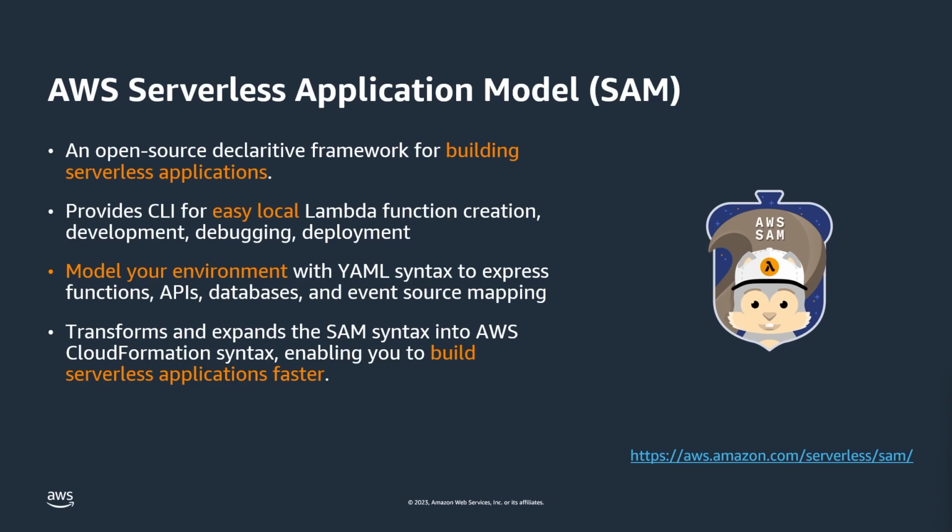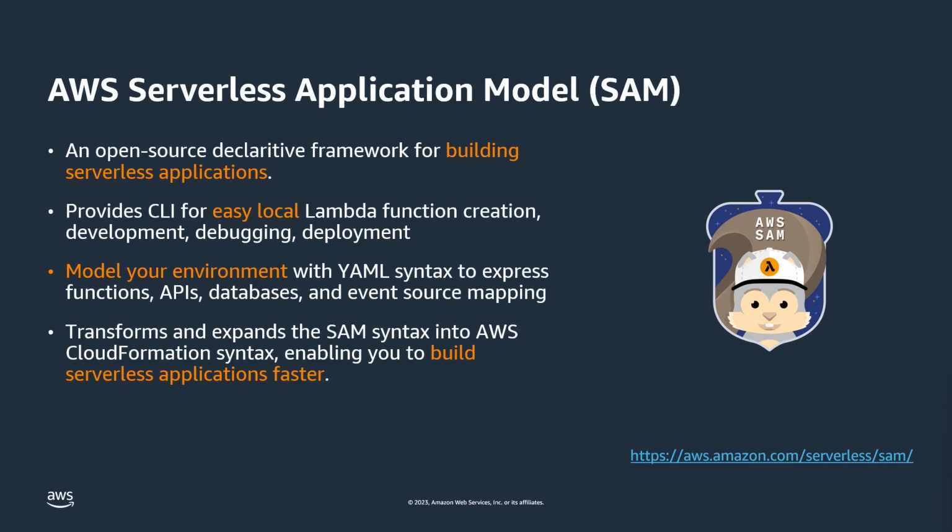This is great because you can define your entire serverless application in a way that you can check into source code, share with other developers, and it provides just a more scalable way to model your environments. You can use transforms that expand the SAM syntax into AWS CloudFormation syntax. For a little bit of context, AWS CloudFormation is the way that we define our infrastructure in AWS.